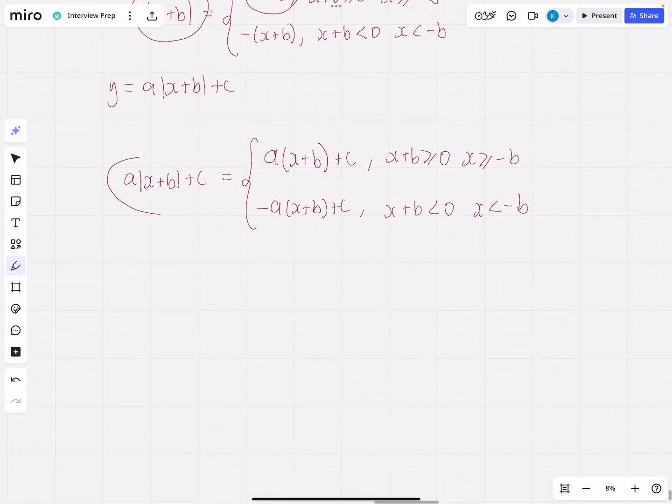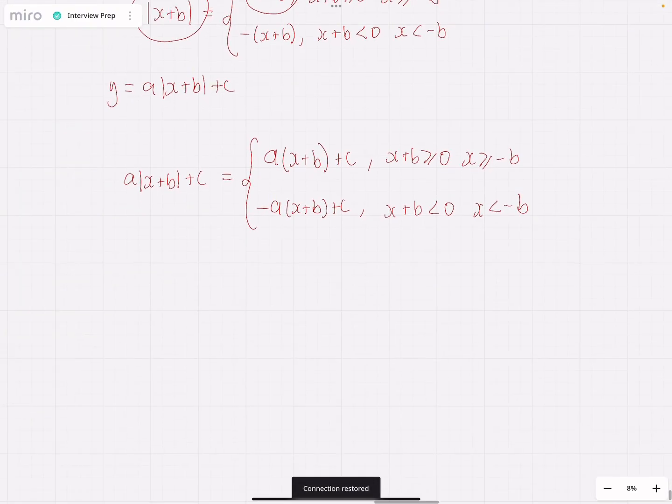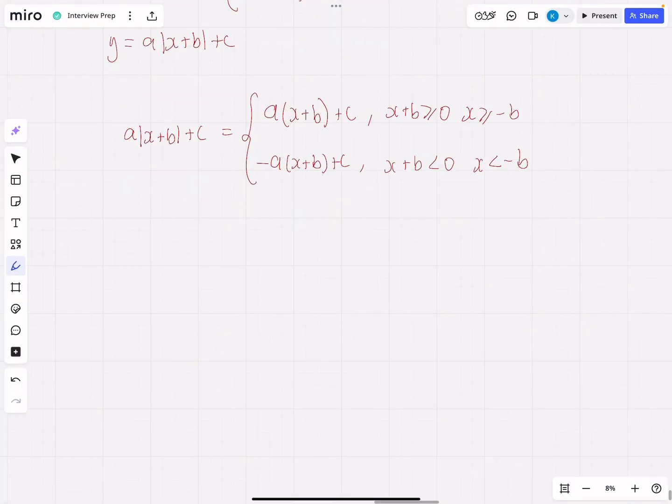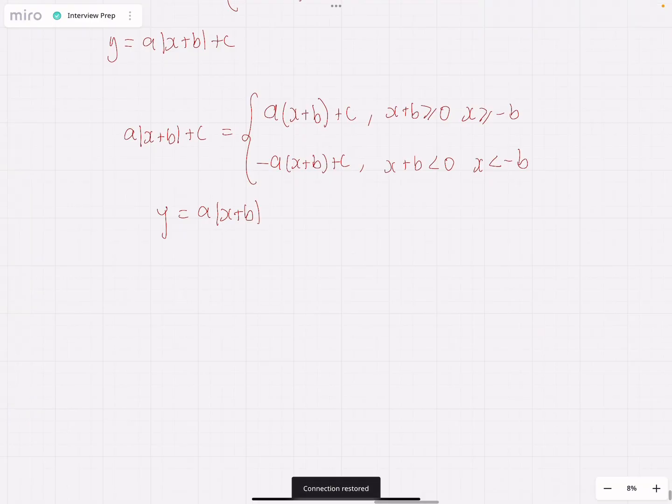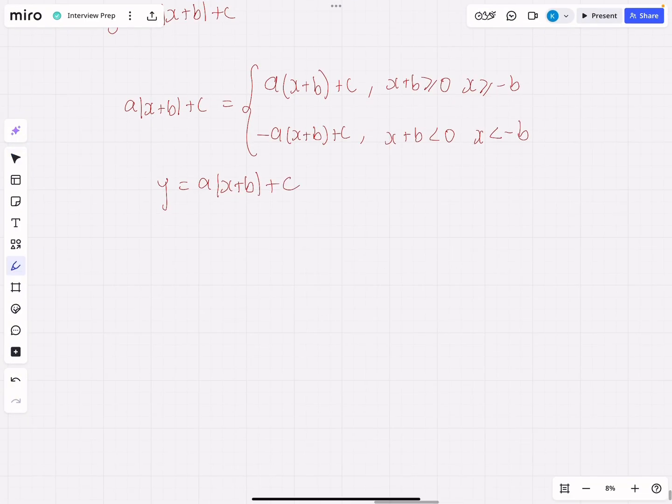So now what this is saying is that essentially when we graph the function y equals mod a times mod x plus b plus c, let's say b is positive.